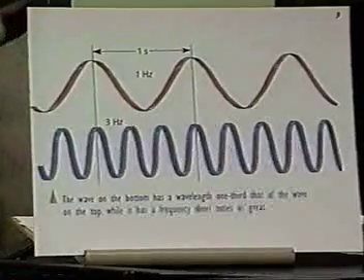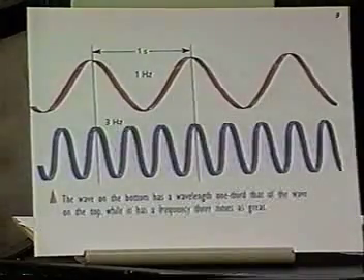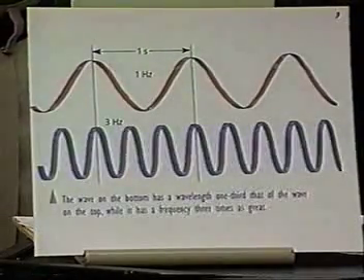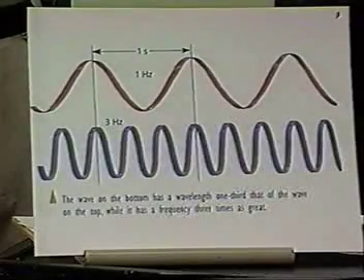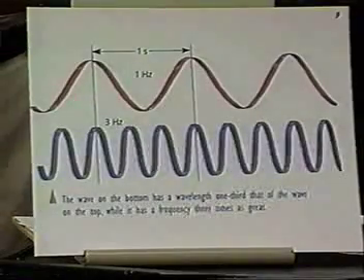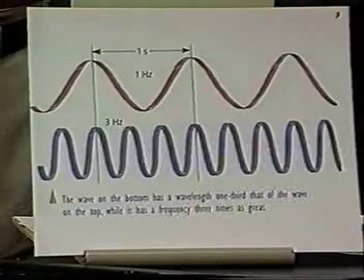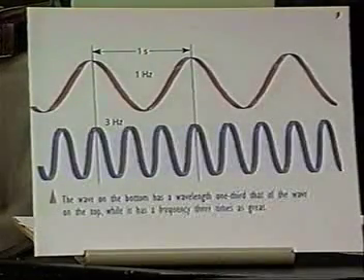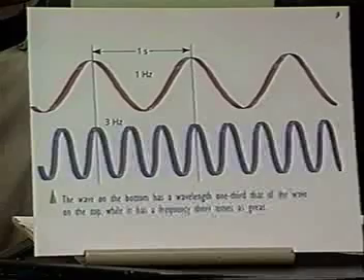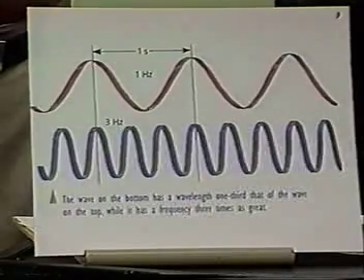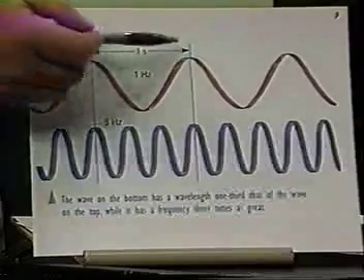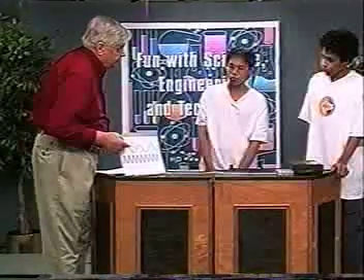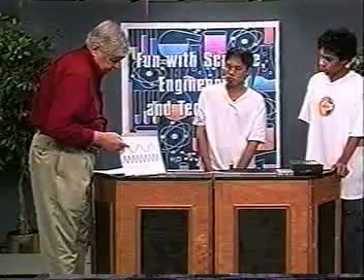So if you were standing here, picked a spot, and counted how many waves go by in a second, that would be the frequency. If there are 100 of them going by in a second, the frequency would be 100 cycles per second, which has another name called hertz, so 100 hertz. In this particular case, this time is 1 second, so it's 1 hertz, or 1 cycle per second.